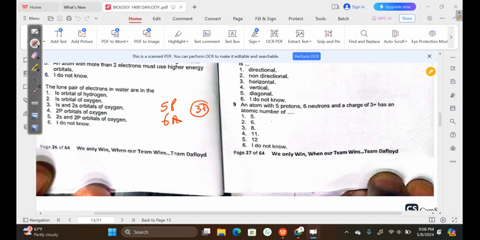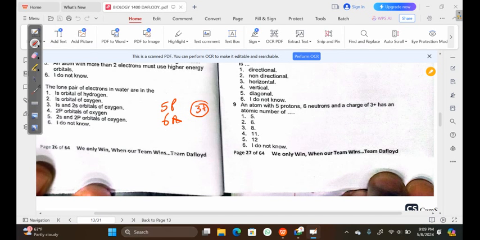So what is going to be the atomic number of this atom? Yeah, that's true, 5.